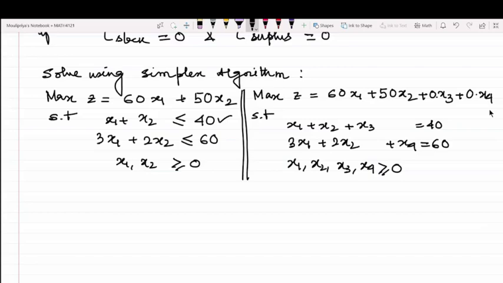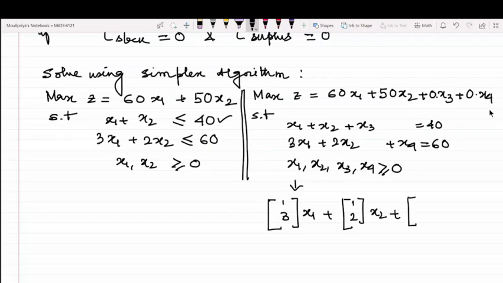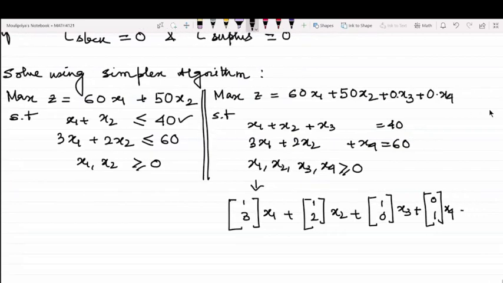Like this system can be rewritten as the column vector (1, 3) x1 plus the column vector (1, 2) x2 plus (1, 0) x3 plus (0, 1) x4 equal to (40, 60).